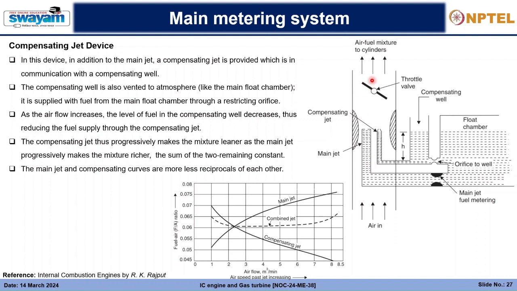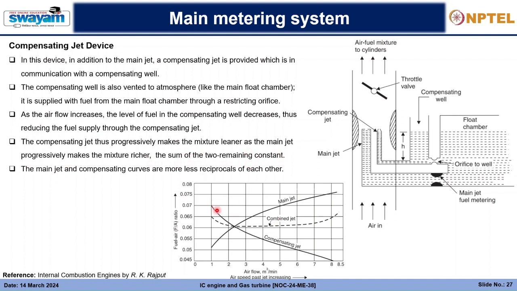So for long-range operation, to reduce fuel loss, this application is quite suitable. The compensating jet progressively makes the leaner mixture as the main jet progressively makes the richer mixture, and the sum of the two remains constant.